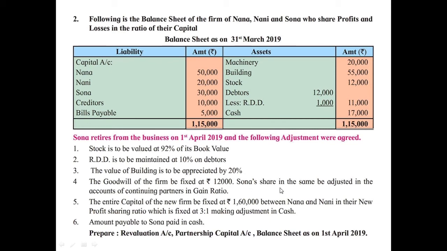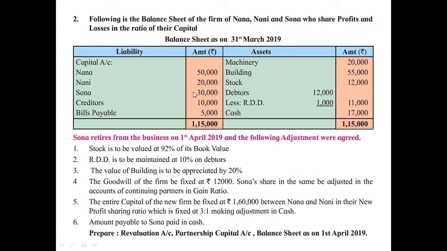Sona's share in the same be adjusted in the accounts of continuing partners in gain ratio. Now from 12,000 first we have to find out Sona's share. Here it is given that they share profit and losses in the ratio of capital. So the ratio is 5:2:3.